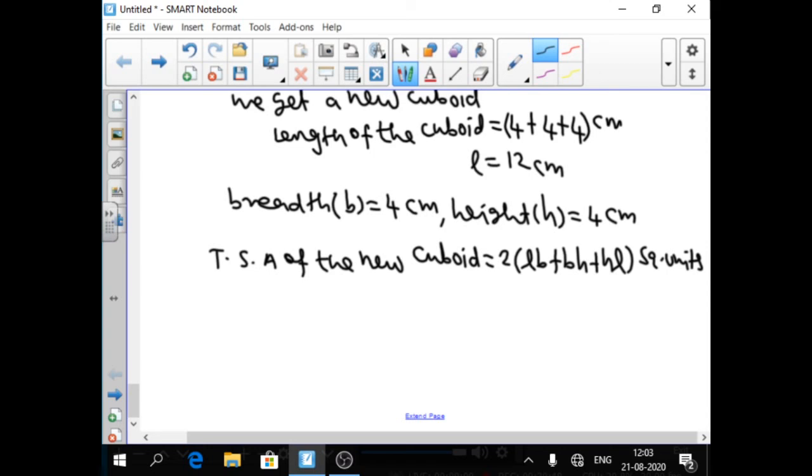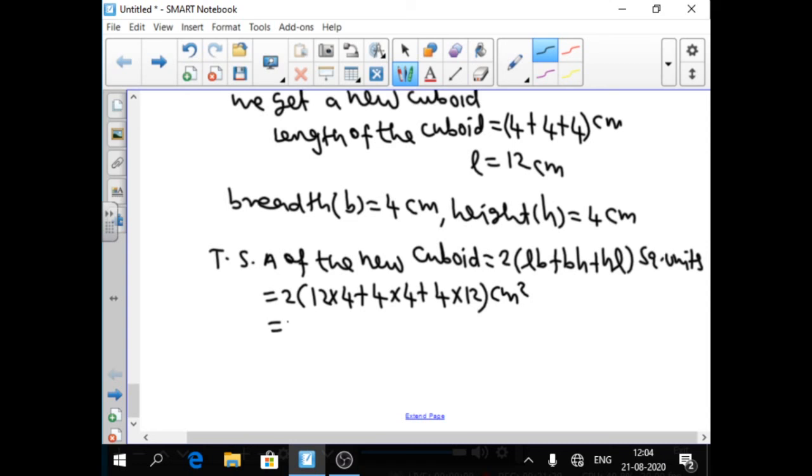Substitute the values: length is 12, breadth is 4 centimeter, and height is 4 centimeter. So 2 times of 12 into 4 plus 4 into 4 plus 4 into 12, centimeter square.